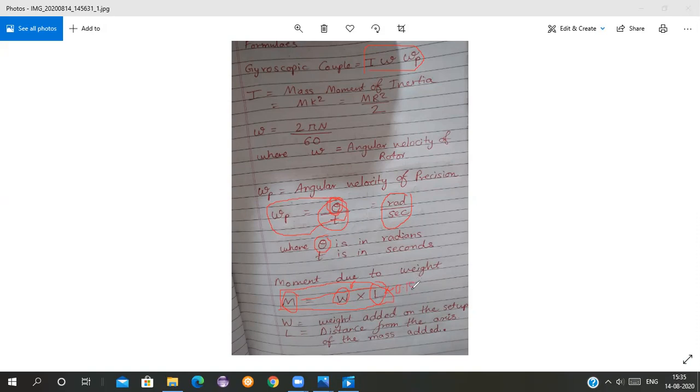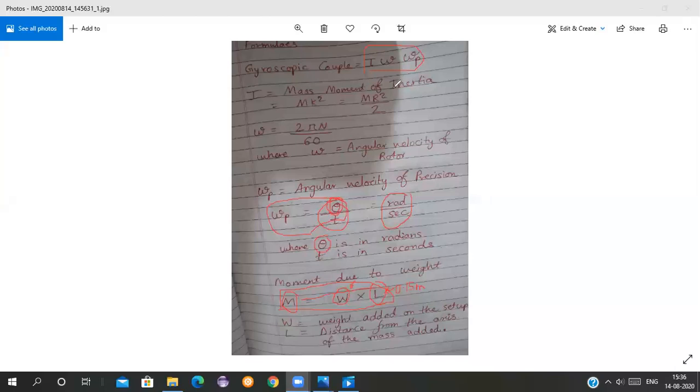Mass you can take as 1 kg, L is 0.15 meters, W is 1 into 9.81. 1.47, Bilal, yes, okay, good. 1.47, and the gyroscopic couple we are getting as 1.0 something.